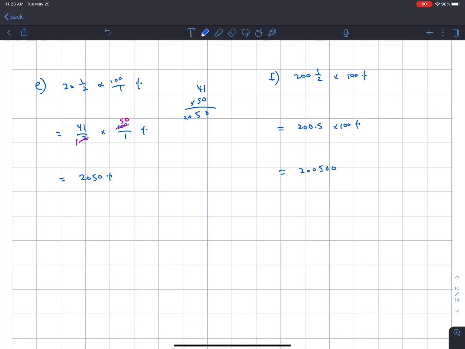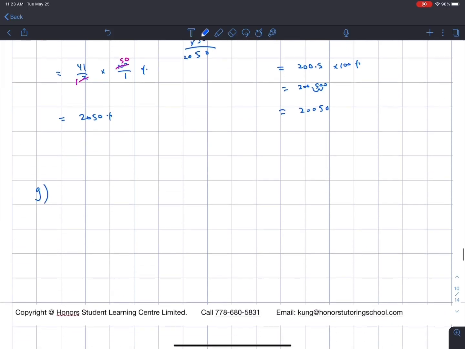I can just add 2 extra 0s, and then move the decimal point 2 to the right. And that should give me 20,050. It's much easier than trying to do the multiplication with fractions for that particular question.